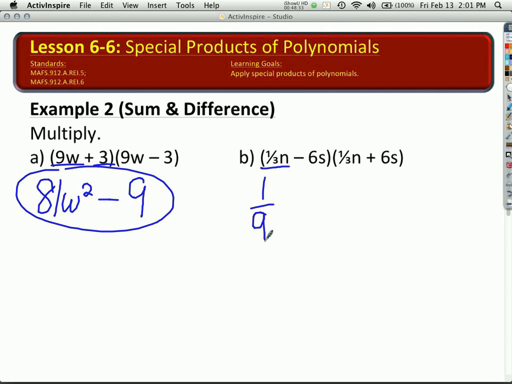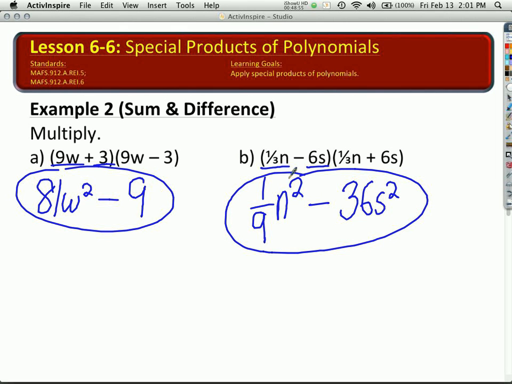Good. 1/9 n squared. And square the second term. What's that going to be? Alex? 36s squared. What is going to go in between them? Kaylee? Subtraction, always. Anyone have any questions? Catalina?